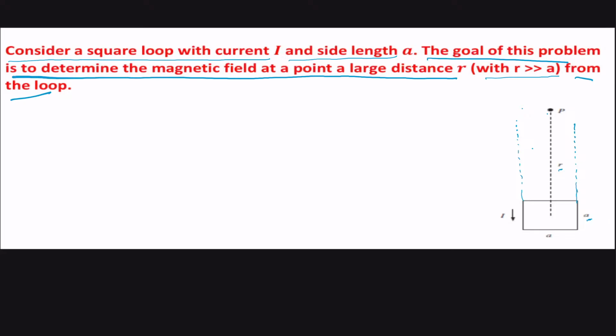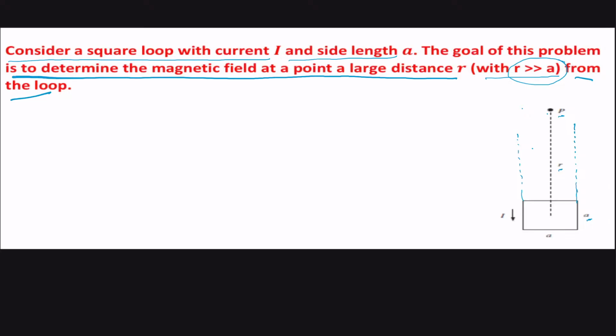Error correction means, like I said, if this point P is very far, we are going to assume that these side lengths make an approximate angle of theta to the vertical, that is point P. That is going to give us the exact magnetic field at point P, specifically for the condition when r is very much larger than a. So we are going to do it in two parts.